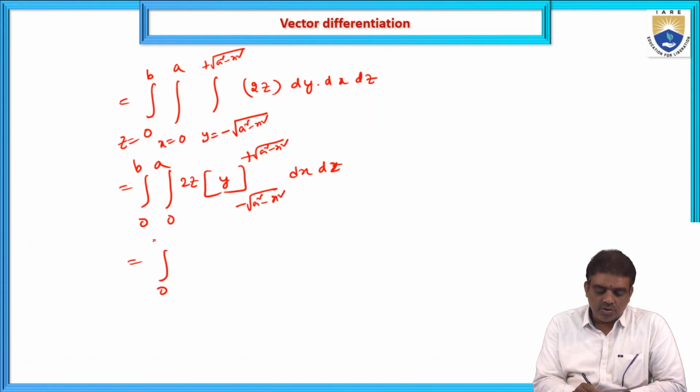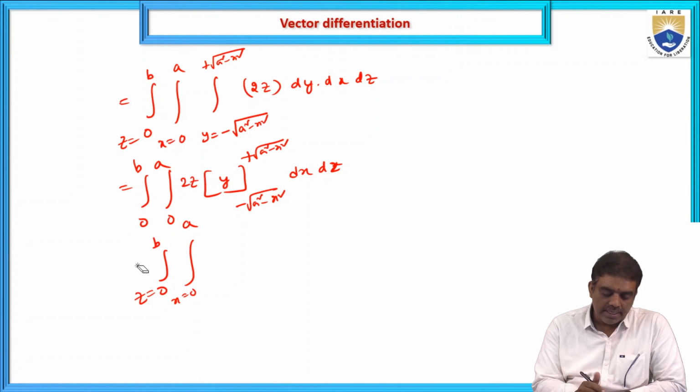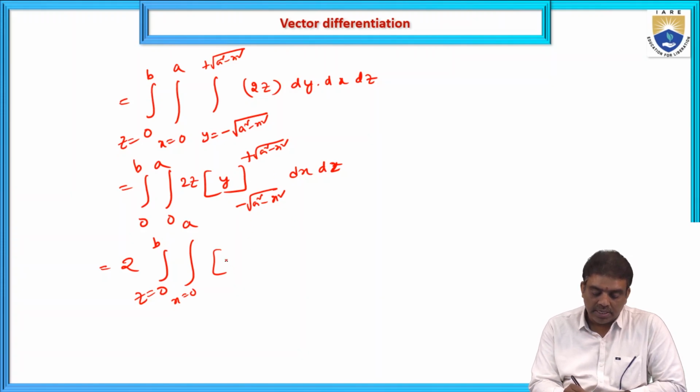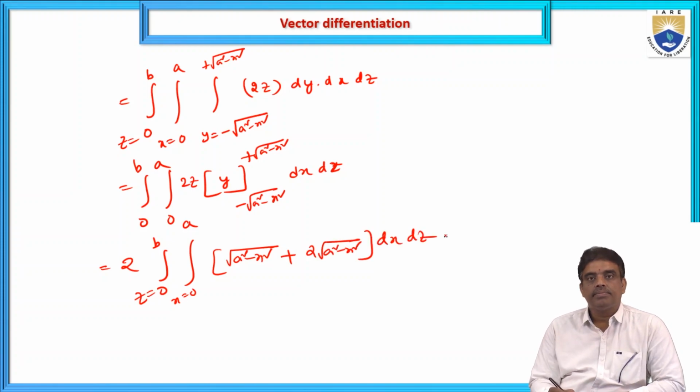So this is 0 to b z limit, x limit 0 to a, 2 constant. I can write 2 outside. Integral dy is y, so upper limit minus lower limit gives 2 root a square minus x square, dx dz.